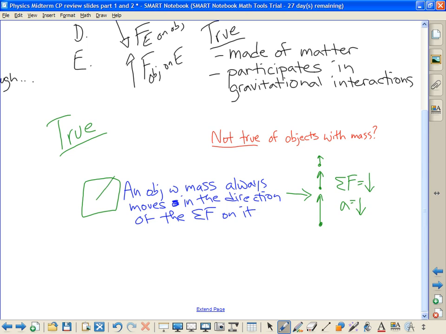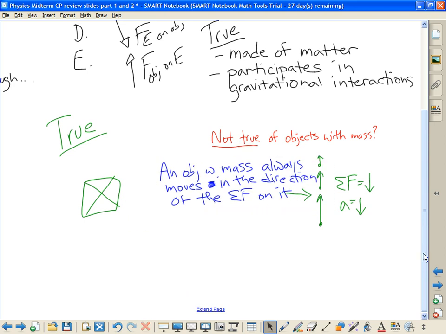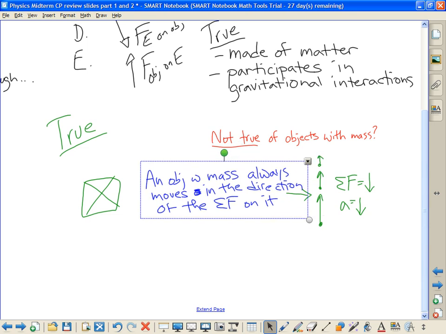So this is not true, and this goes in the false category. Careful for things like this. I know 500 different ways to see if you really changed your brain to include Newton's first law. All right, next slide.